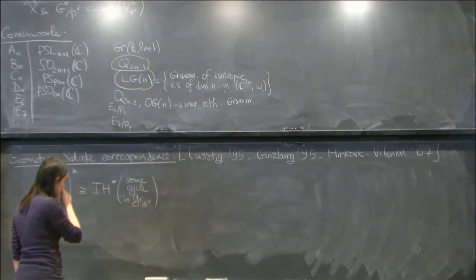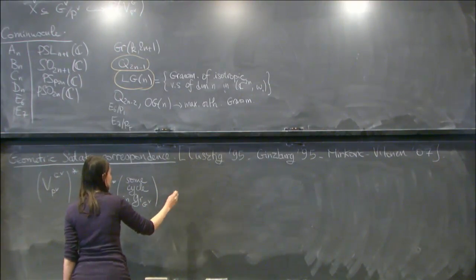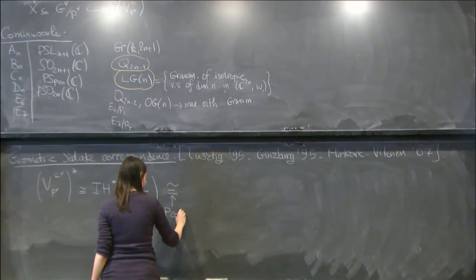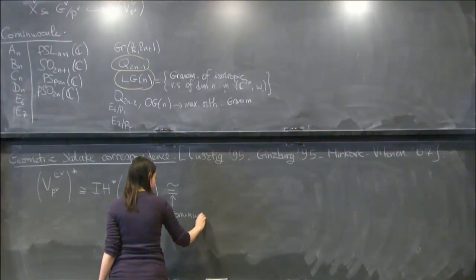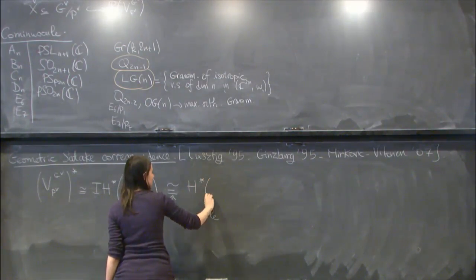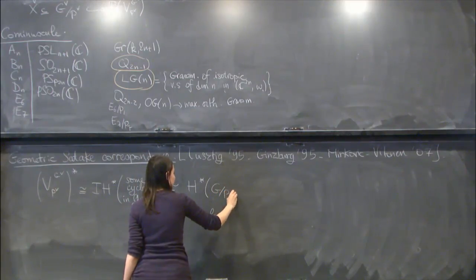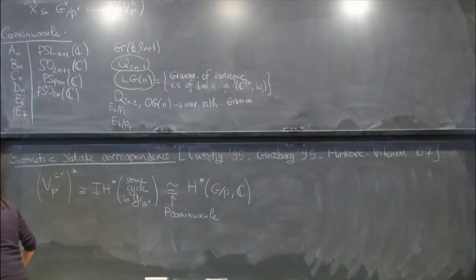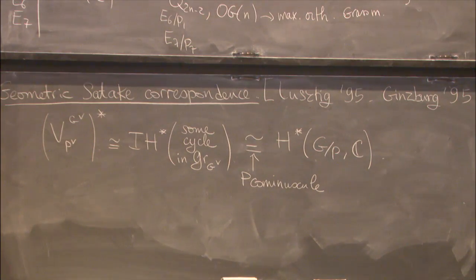What happens in the cominuscule case, so if P is cominuscule, is that this is just the usual cohomology of G mod P. So what it means is that my projective coordinates here are naturally dual to the Schubert classes.